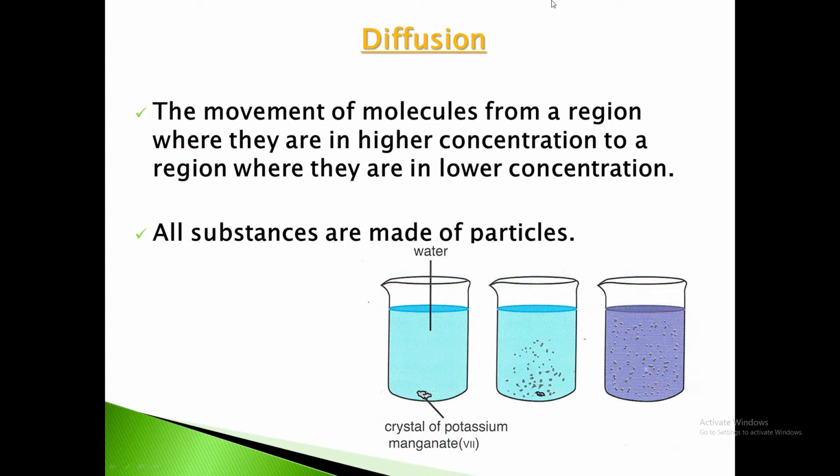You should tick the arrow there, because the arrow there is where you actually have a lot of the potassium manganate. Because that is the region where you have a lot of it, that is why you would label it as a place of higher concentration, while the rest of the water where there's no potassium manganate, you would label as a place of lower concentration.